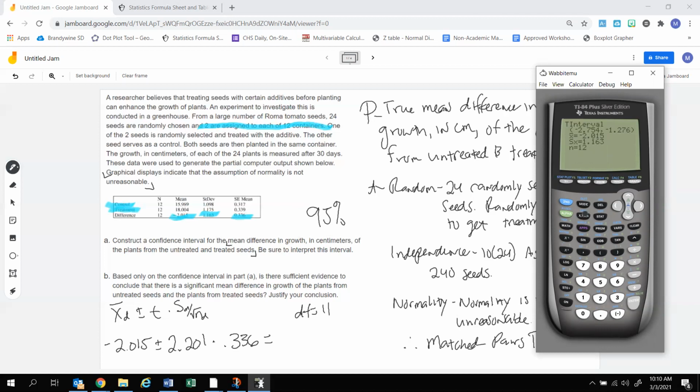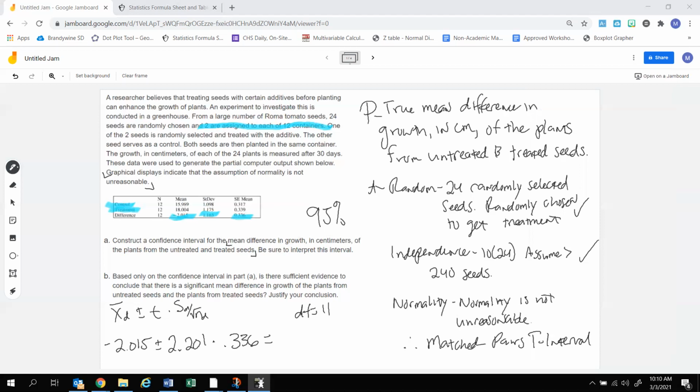And there's our interval, negative 2.75 to negative 1.28. We'll just round it off. All right, so there's our interval.